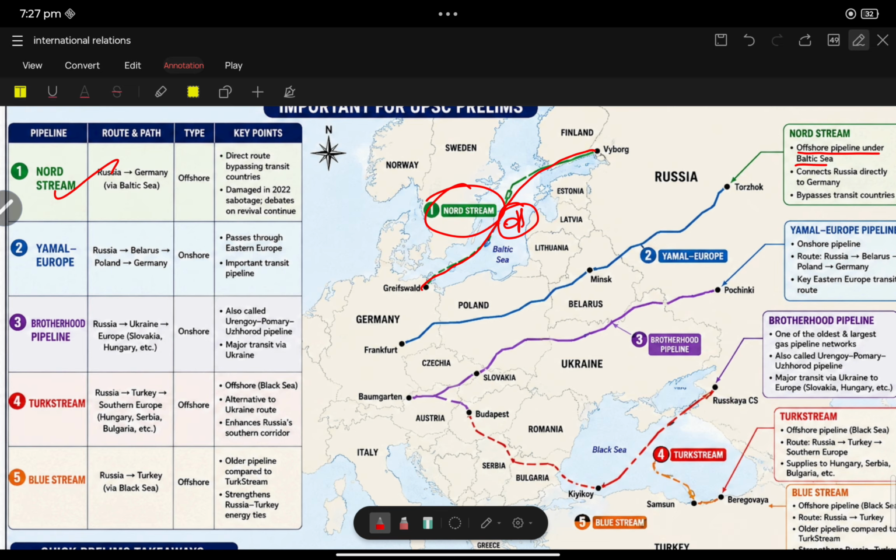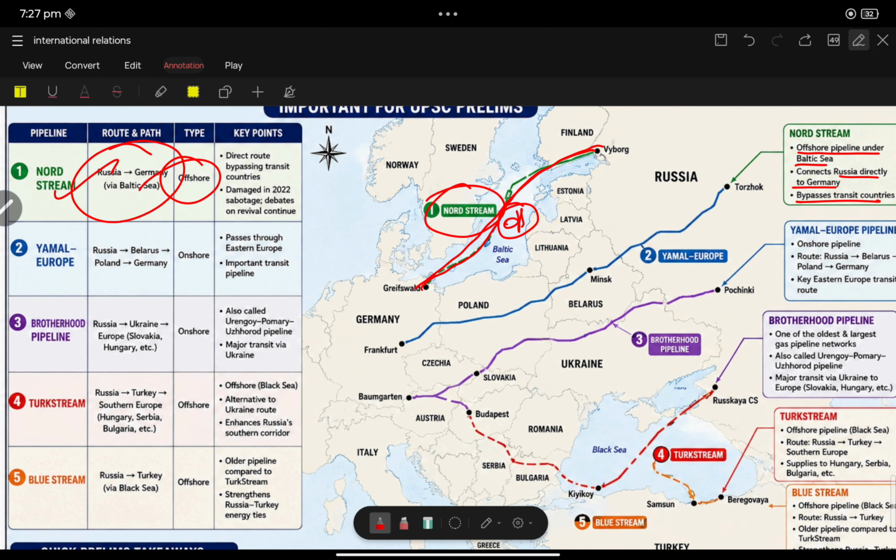It connects Russia directly to Germany via the Baltic Sea and bypasses transit routes. Keyword: offshore.